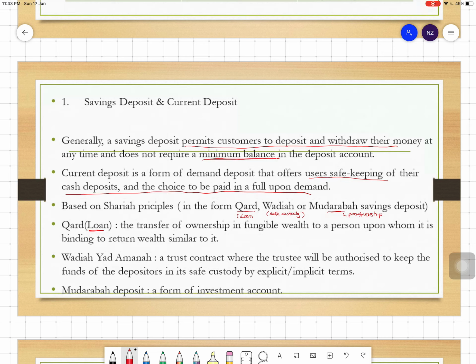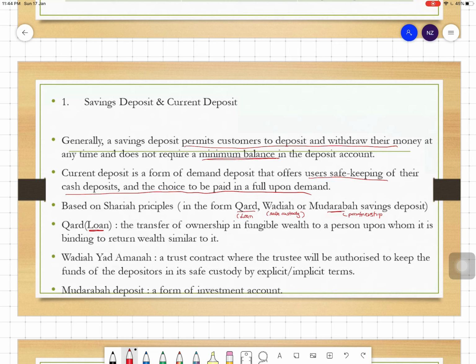So bila dia save ataupun dia put the money in qard contract, means the money in that qard tu is the money yang kita nak transfer, kita buat loan lah kiranya, account yang kita buat loan.